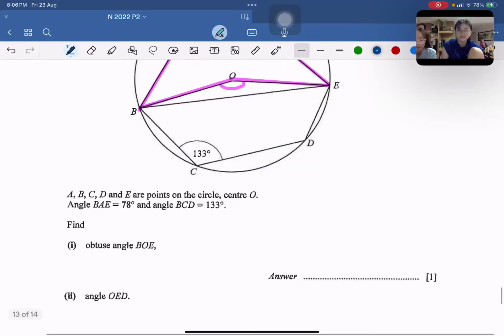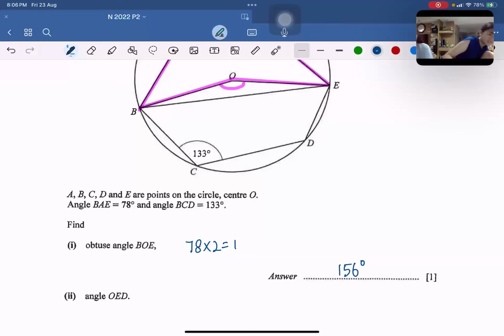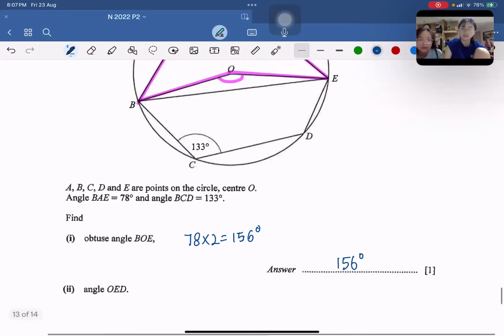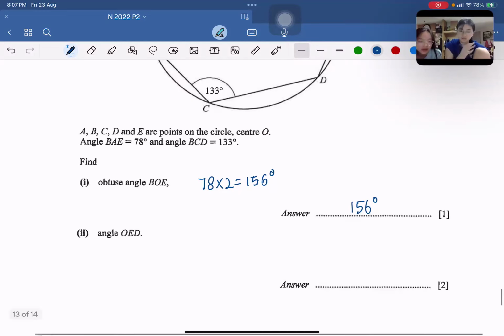So this angle will be 78 times 2, and that will give me 156 degrees. We are quite lucky because the question never asked me to write the name of the property.